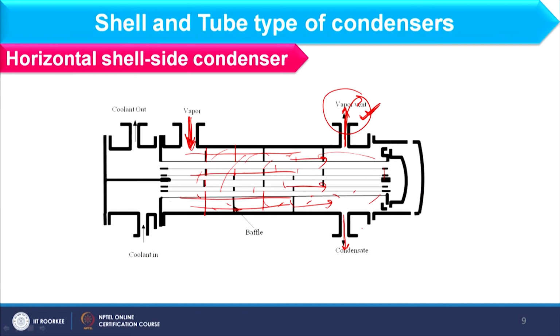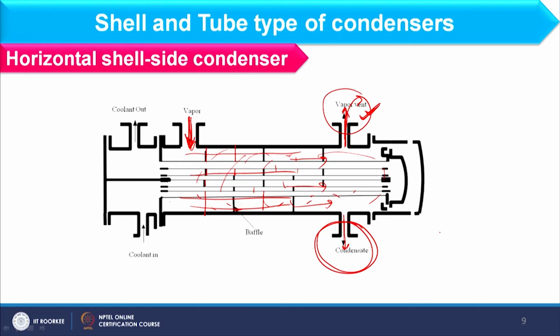Okay. And the second point is what we do with the condensate. Because when the valve remains open and the operation is going on, condensate will keep on exiting from the system, right.